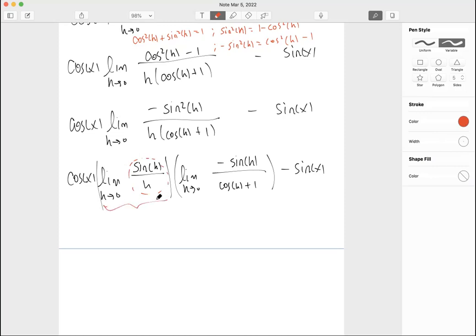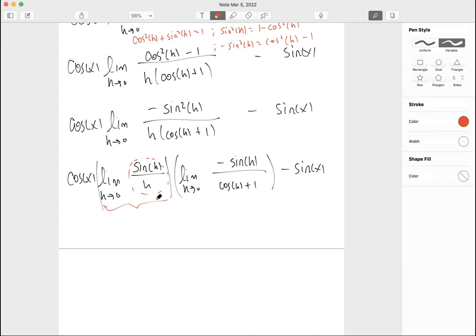Think of it as our way of simplifying fractions with limits. With normal fractions, you would be looking for common factors and canceling, right? That would be your method of simplifying.